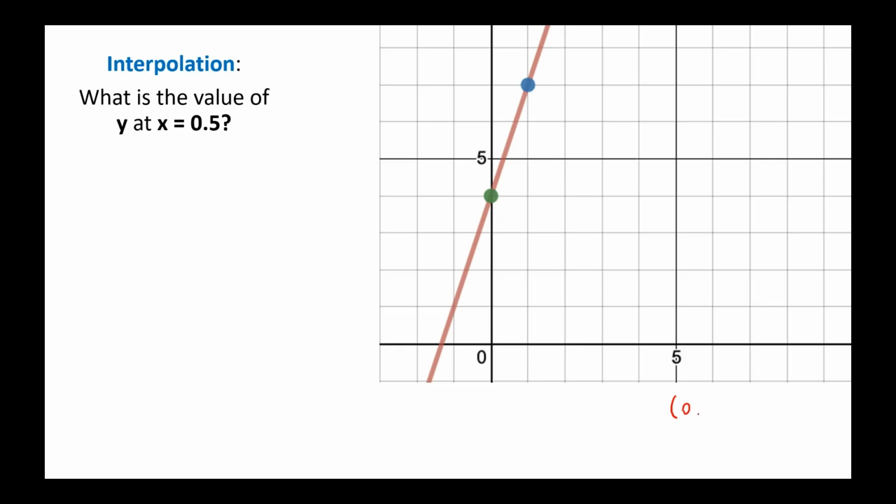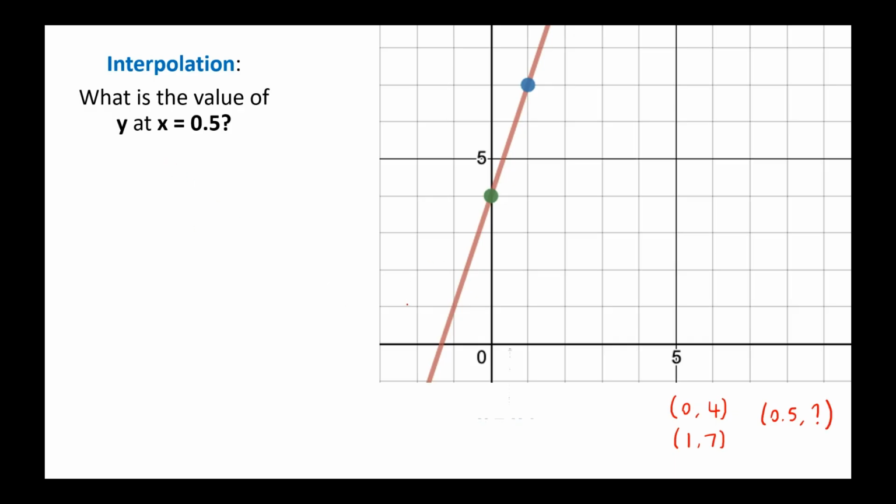According to this graph, it's crossing this corner here. That's also my y-intercept. That's going to be y equals 4. And if x equals 1, it looks like y equals 7. Okay, great. So what we're actually looking for is when x equals 0.5, what is the value of y? That's what we're looking for. So we're going to use interpolation for this.